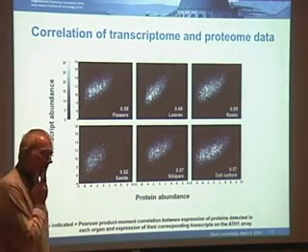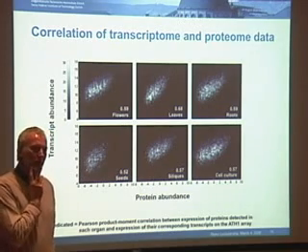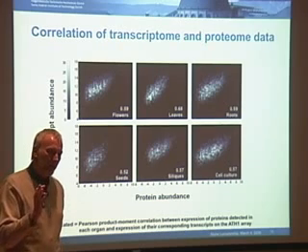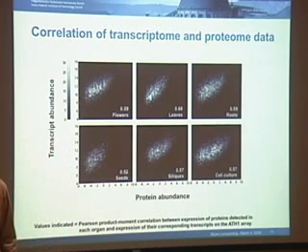We have done this actually on a genome scale. So we have correlated all the protein data that we have with all the transcription data, that is all the genes that correspond to these proteins. And what do you get then? What you see is actually very interesting.